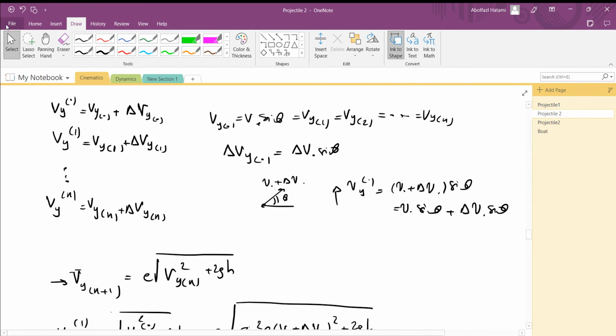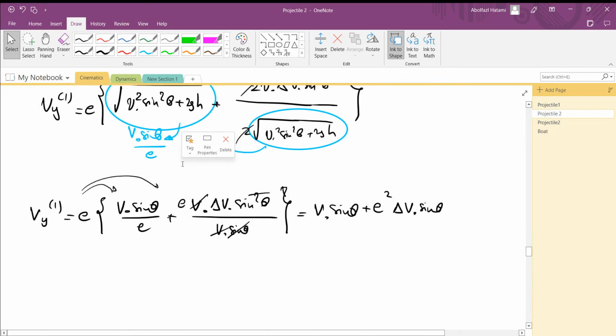So as we expected, vy1 is just v0 sine of theta plus a delta term, a small term, and we found this small term.